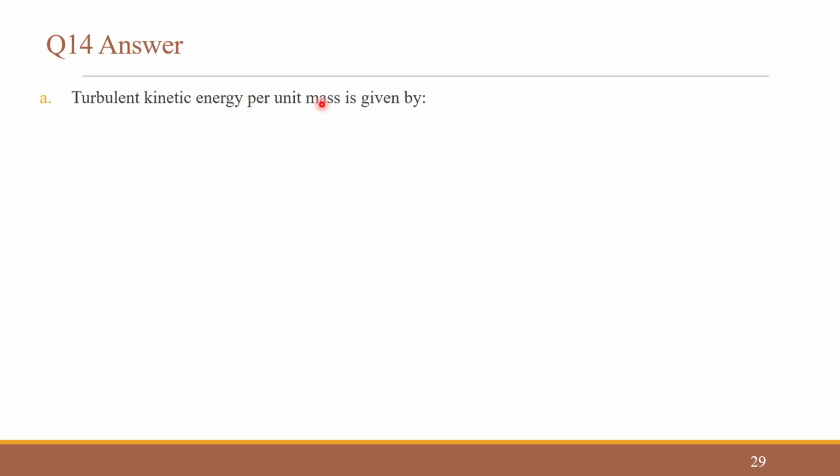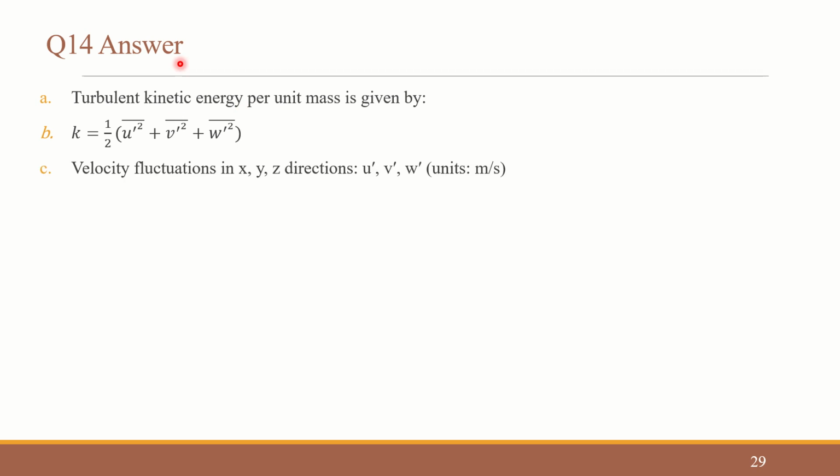Turbulent kinetic energy per unit mass is given by K equal to half of the average of U dash square plus V dash square plus W dash square, where U dash, V dash and W dash are the velocity fluctuations in the x, y and z directions.